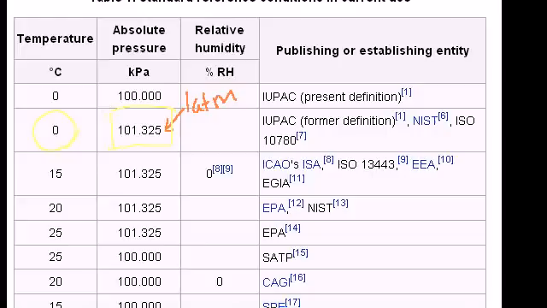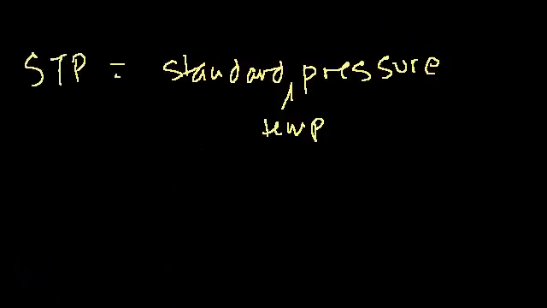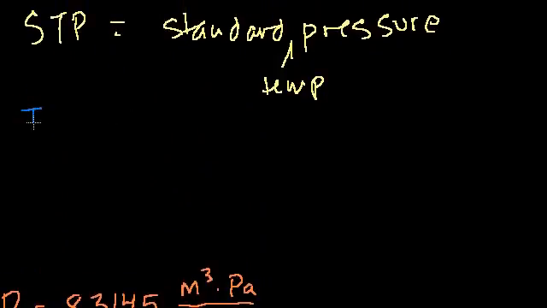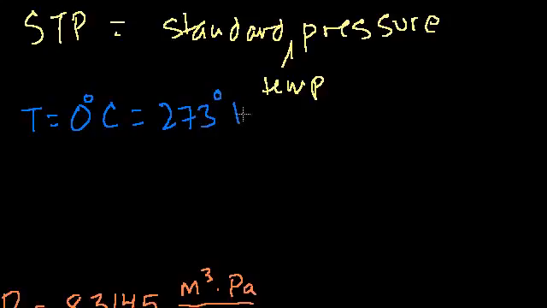But let's say that these are all different standard temperatures and pressures based on different standard-making bodies, so they can't really agree with each other. Let's say we took this as the definition of standard temperature and pressure. So we're assuming a temperature equal to 0 degrees Celsius, which is equal to 273 degrees Kelvin.